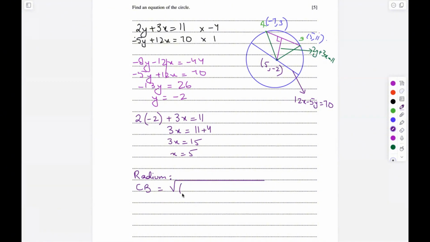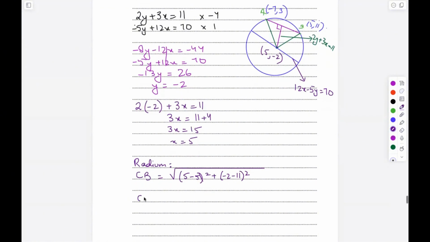So that will become (5 - 5) whole squared plus the y coordinates, (-2 - 11) whole squared. 5 minus 5 is 0. So the distance CB will be equal to the square root of 0 squared plus (-13) squared, which is equal to the square root of 169. So the radius will be equal to 13.